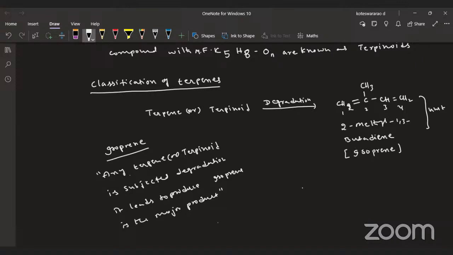This rule is known as the isoprene rule.